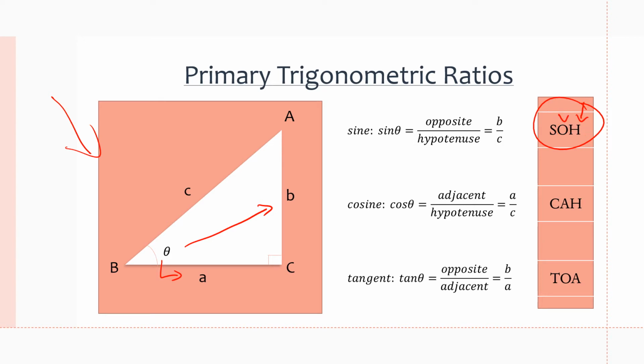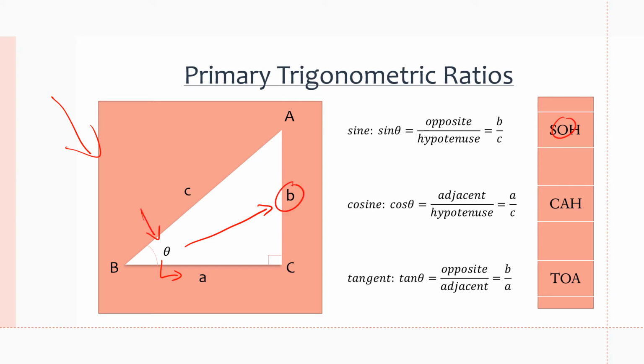So the first letter of the acronym is going to be our ratio. The second letter is going to be the numerator of the ratio, and the third letter is going to be the denominator of the ratio. So we have sine, the numerator is going to be opposite to the angle, and the denominator is going to be hypotenuse.